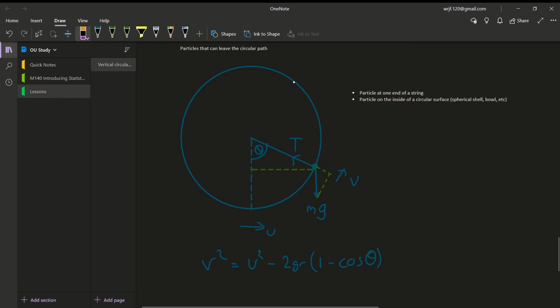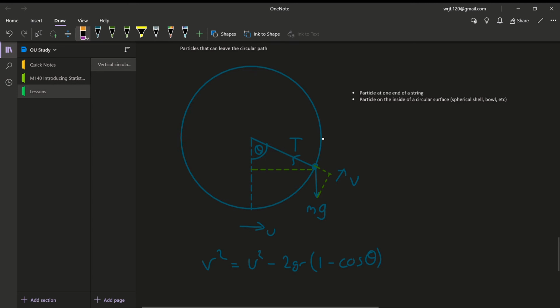What we need now in order for the particle to complete the circular path is, at the top here, we need still to have some tension, or at least for the tension to be greater than or equal to 0 for all possible values of theta. If the particle is going to fall inside the circle, that will happen when the tension equals 0. So we want the tension to be greater than or equal to 0 for all possible values of theta if it's going to complete a circular path.